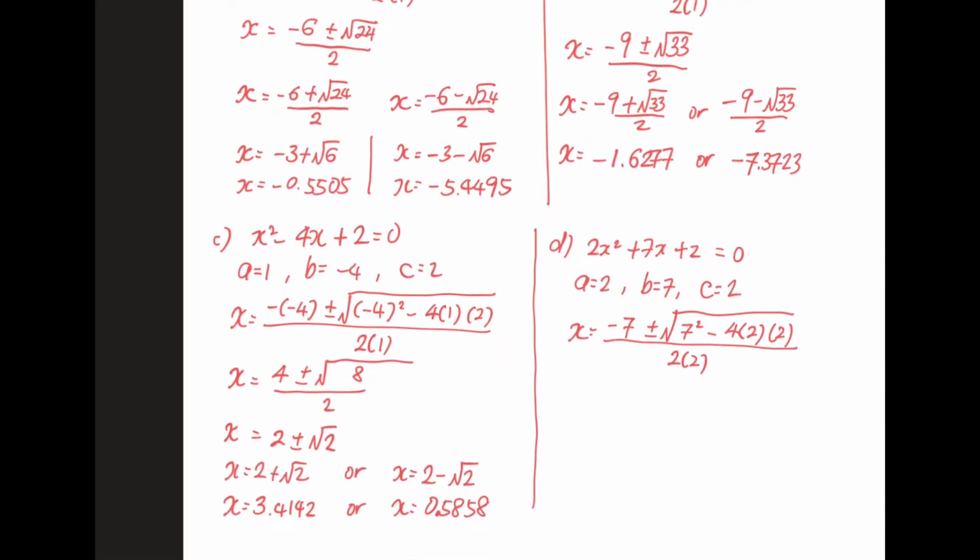Again we simplify everything in the square root. So we have 7 squared, which is 49, minus 4 times 2 times 2. So we have square root of 33 over 4. And then we separate them, one part positive, another one negative.